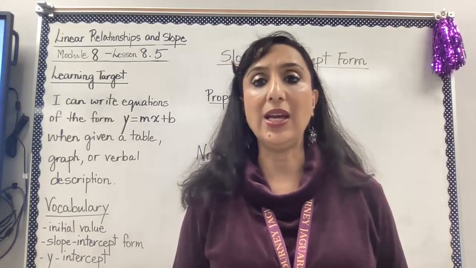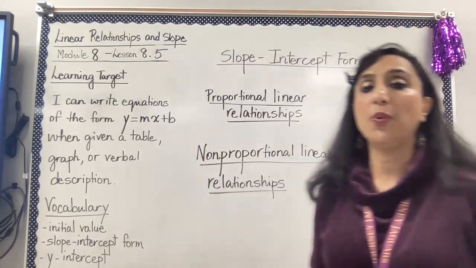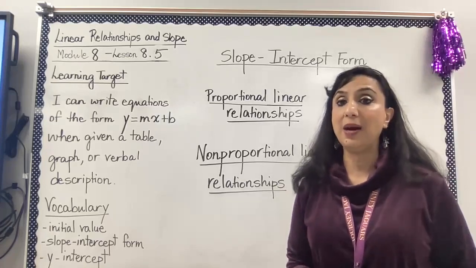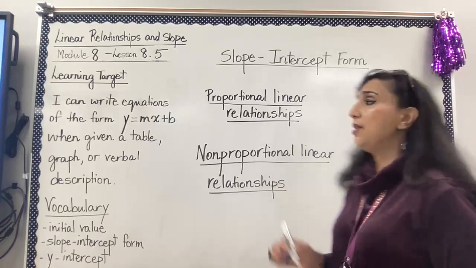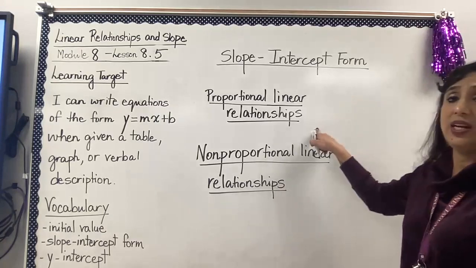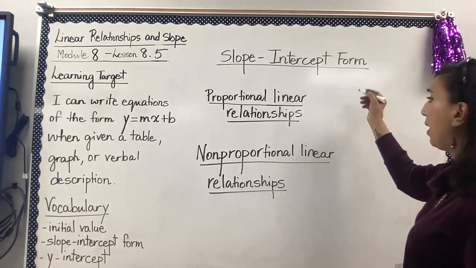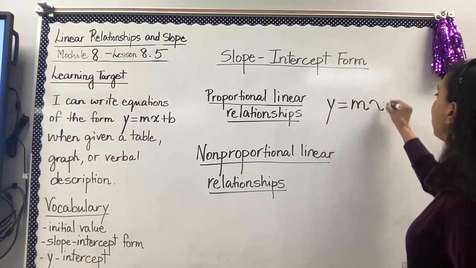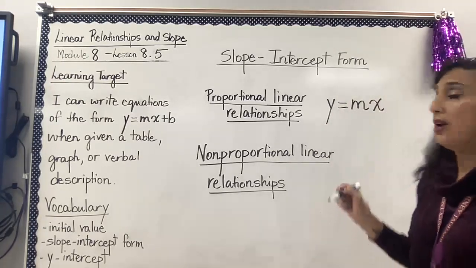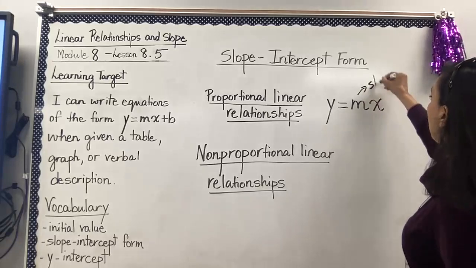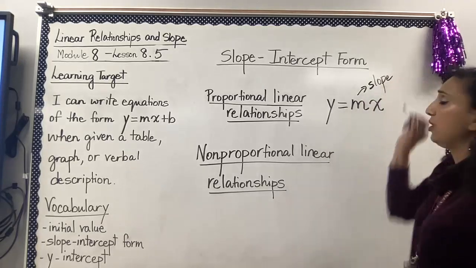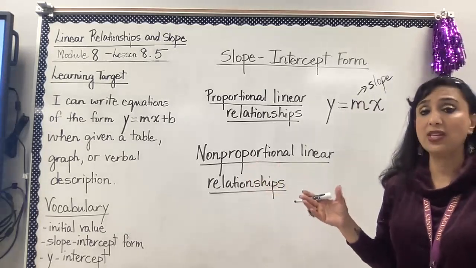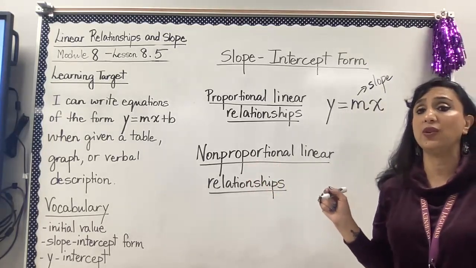Now, till yesterday, we were working on proportional linear relationships, and we had learned about the equation for those, which was y = mx, where m was the slope, unit rate, constant of proportionality, and all that. Okay, so that is a proportional linear relationship.